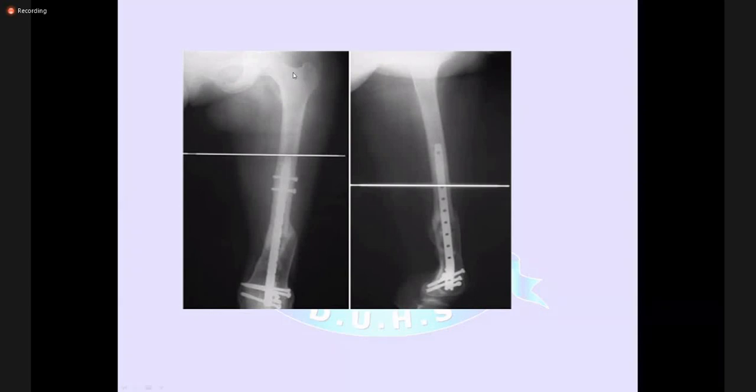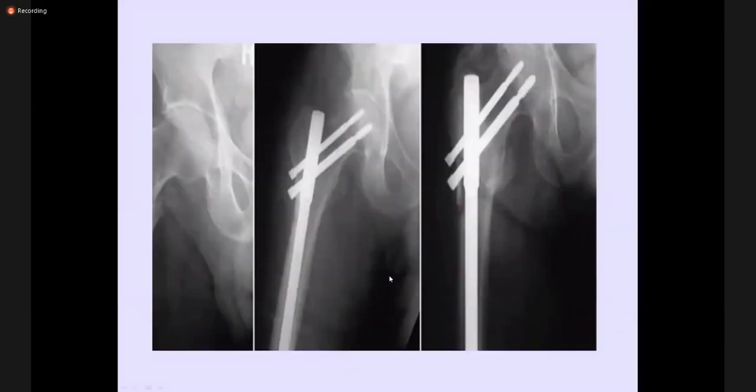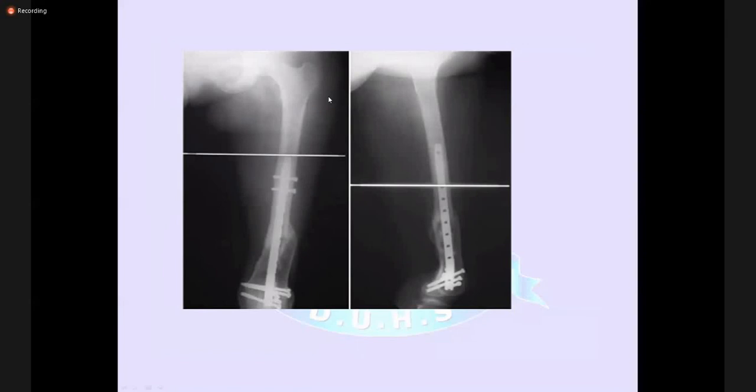Antegrade nailing is where the nail is passed from the piriformis fossa near the greater trochanter of the femur. This is the recon nail, which is an example of antegrade nailing, and this is an example of retrograde nailing.